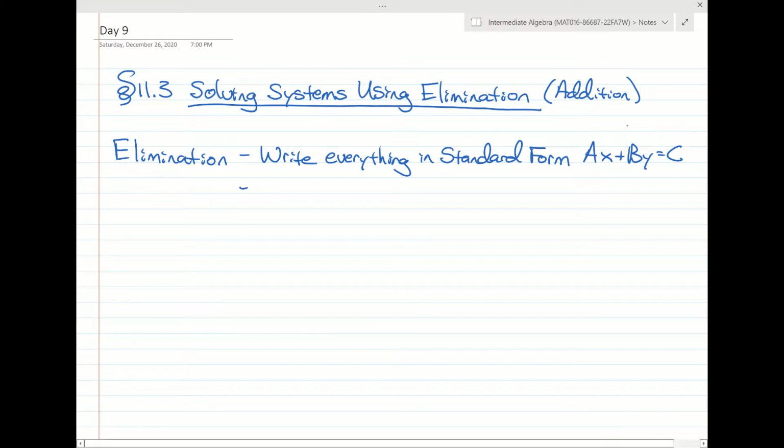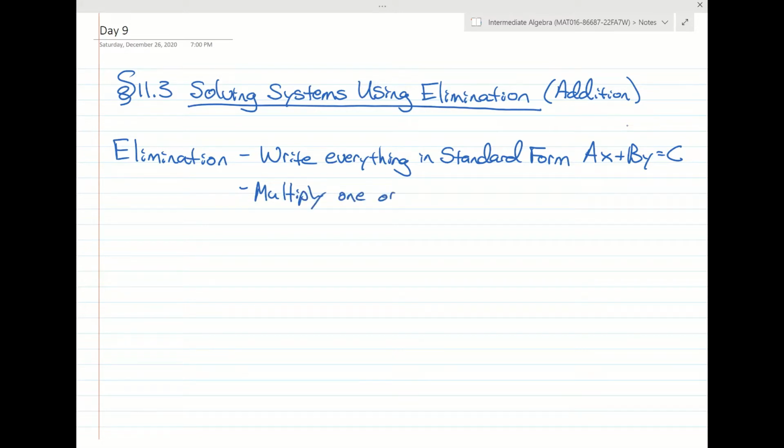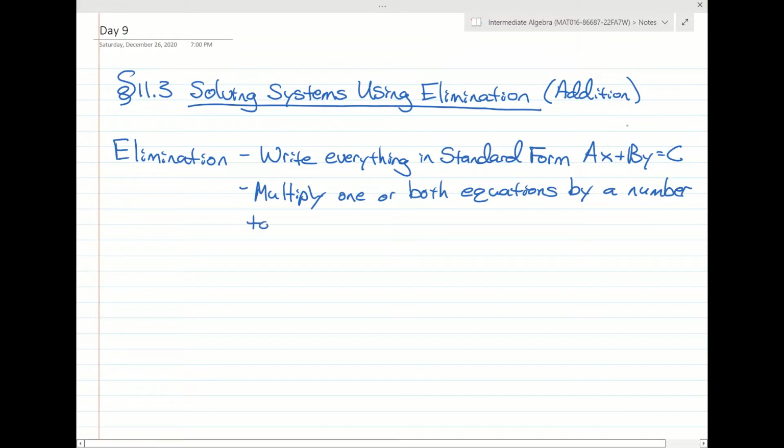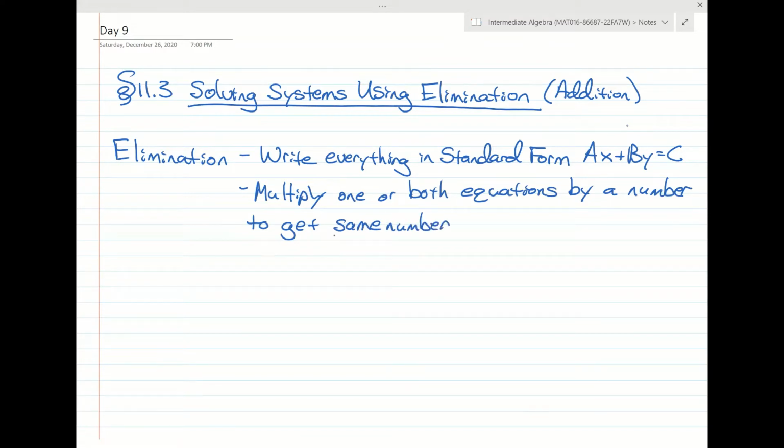Once you get the x's and the y's on the same side, we multiply one or both equations by a number to get the same number and opposite signs.